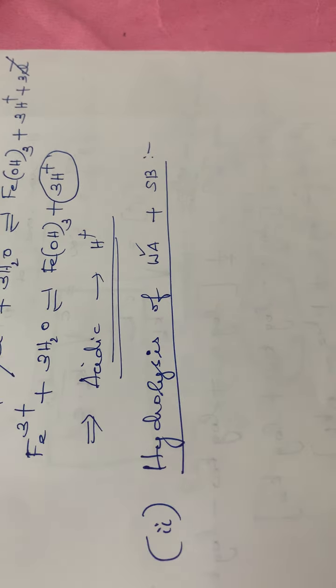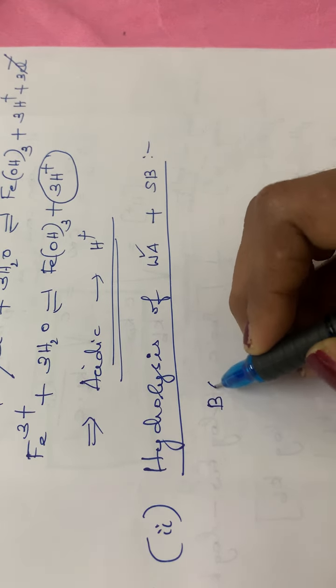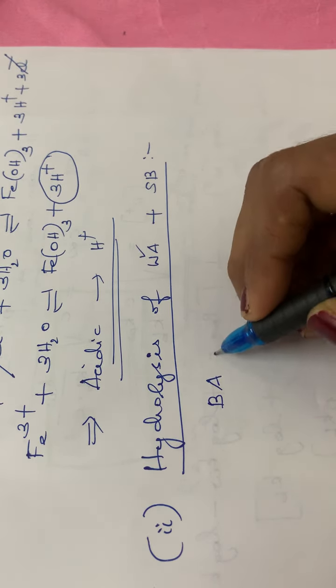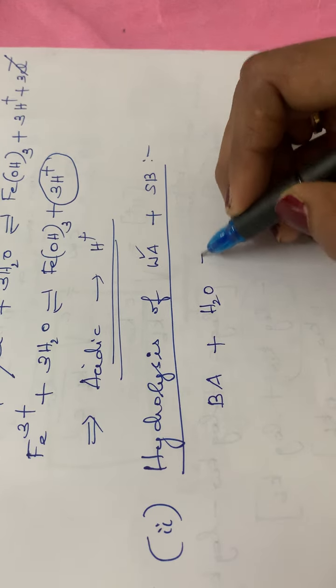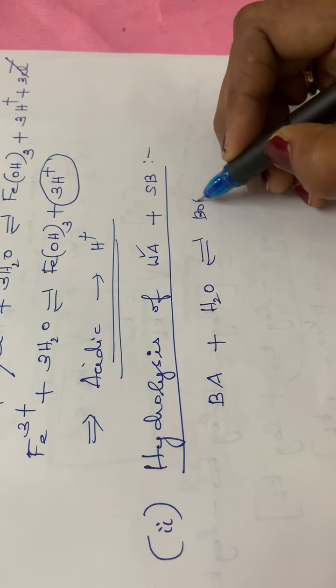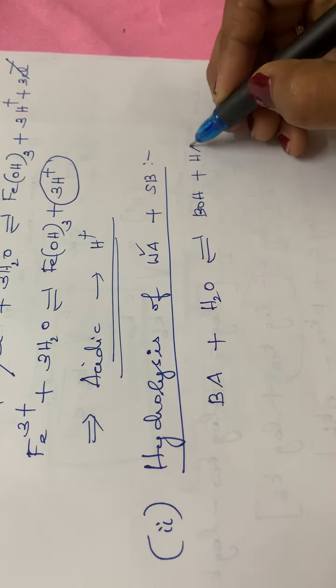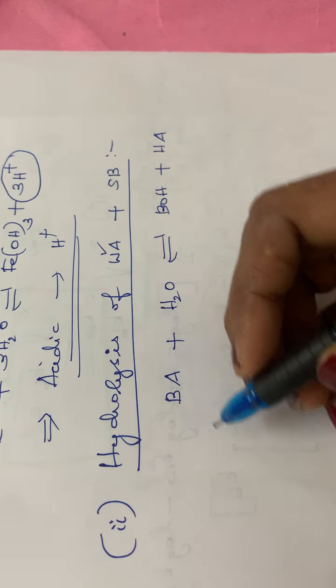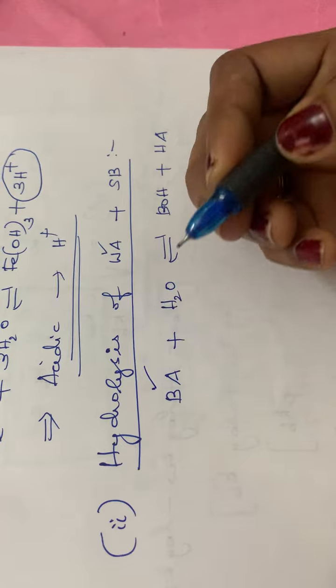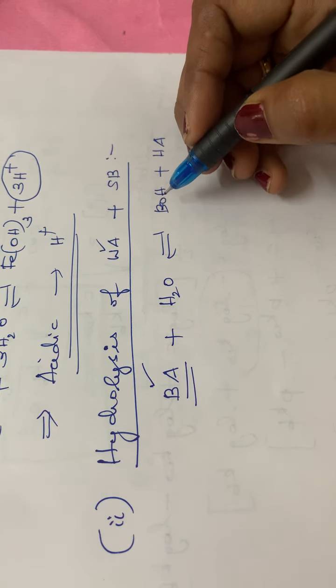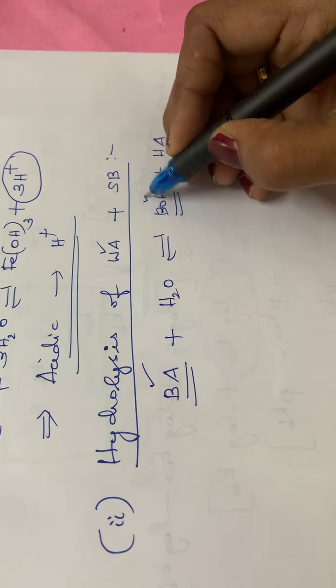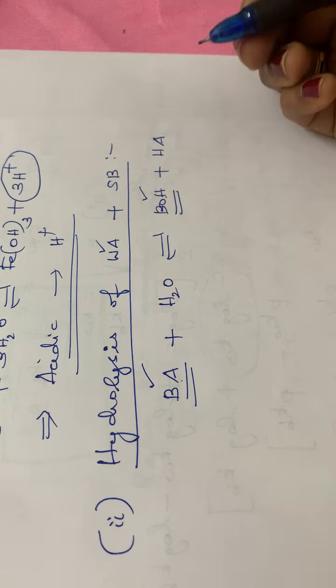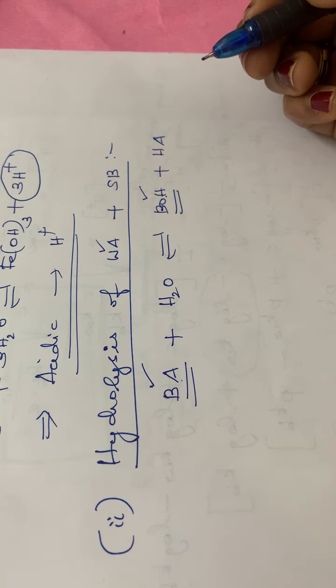Okay, so again let us consider the hydrolysis of the salt BA. So BA plus H2O, giving BOH plus HA. Here the hydrolysis takes place in the case of the salt, and it is a strong base, so these two parts get completely dissociated or completely ionized.